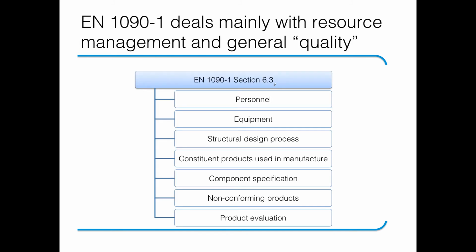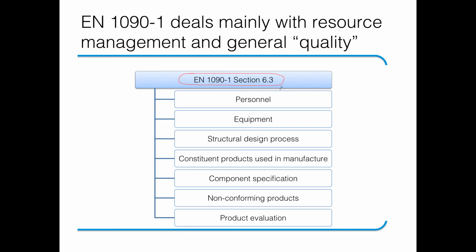As you may remember from previous lectures, the FPC system is dictated in the standard EN 1091, and in this case with the structural steel products it is in section 6.3. If you have the standard EN 1091, you can just check section 6.3, and that is the scope of the FPC system, or the main factory production control system, that must be supported then with the EN 1092 and EN ISO 3834.